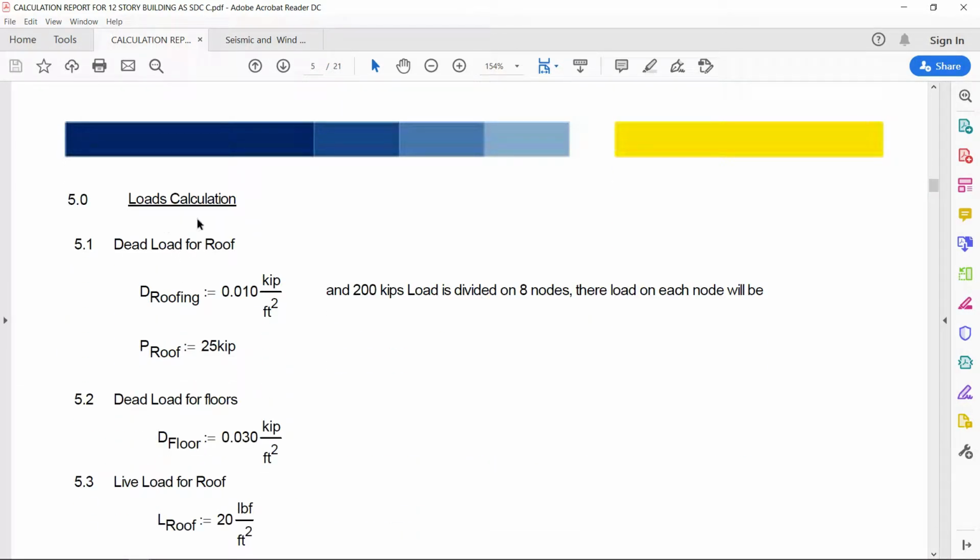For the load calculation, I started with the roof, and the roof dead load is 10 pounds per square foot, and there was a point load I considered, which is for the penthouse. The 200 kip I divided on 8 nodes, and for each node there was a load of 25 kip.